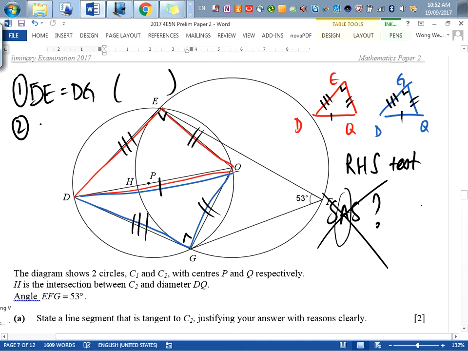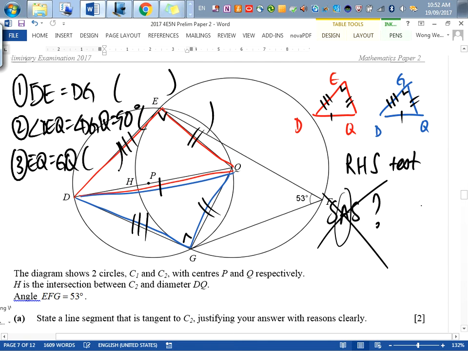Number two, angle DEQ equals to angle DGQ, which is 90 degrees because angles in a semicircle. And number three, the final one will be EQ is equals to GQ. This is because they are radius.